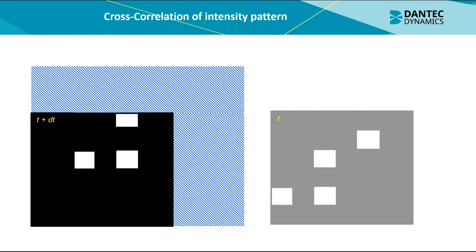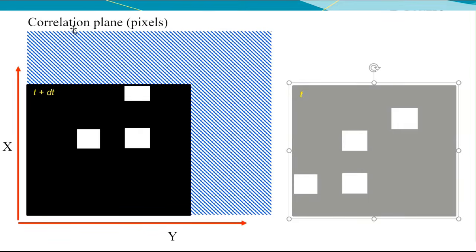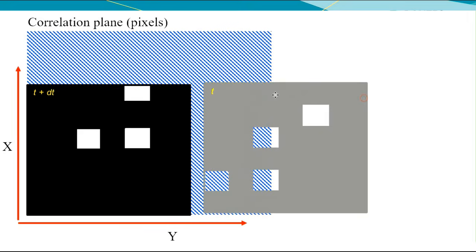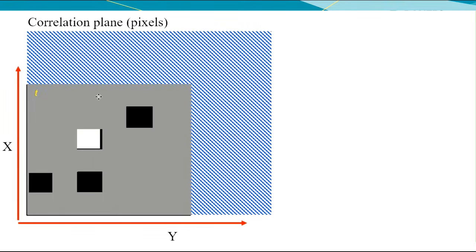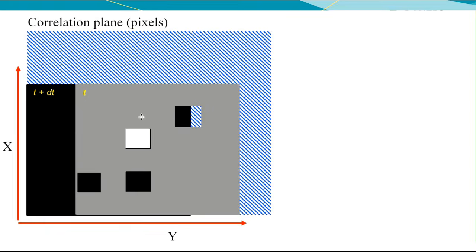This video will show a demonstration or a visual representation of the algorithm used to calculate vectors within each interrogation area. As we said before, the one labeled t represents the previous time step. The one labeled t plus dt is the next time step. The little white particles, or the empty areas on the gray square, represent particles within each time.